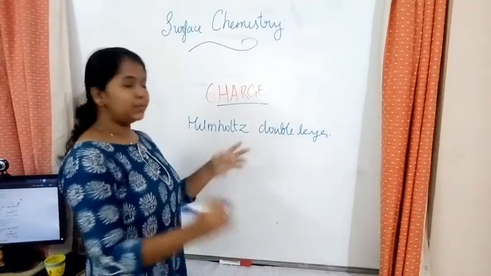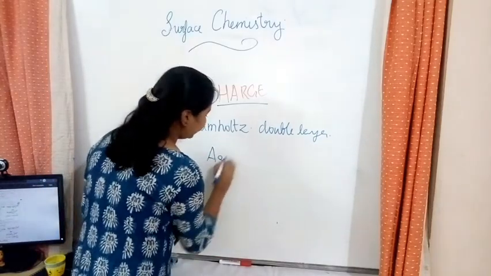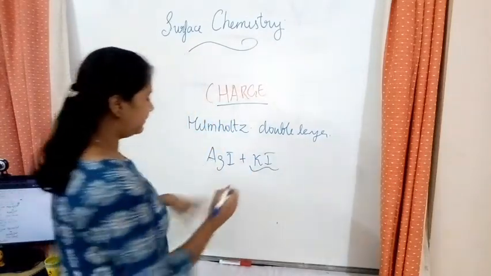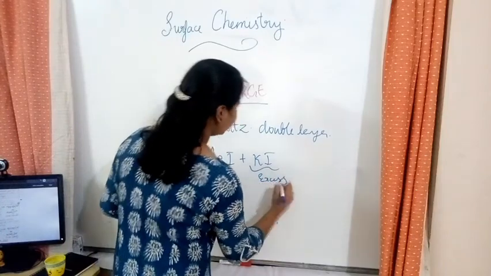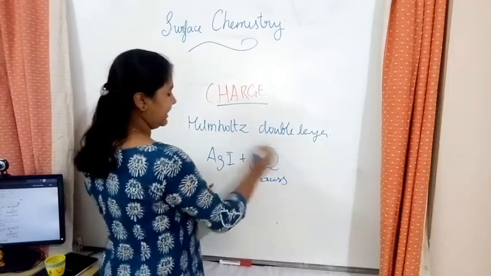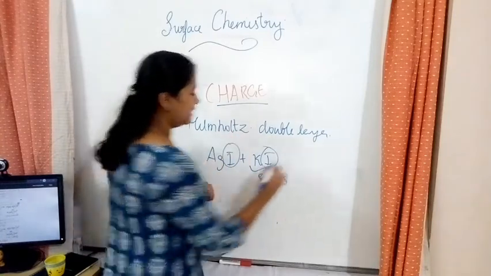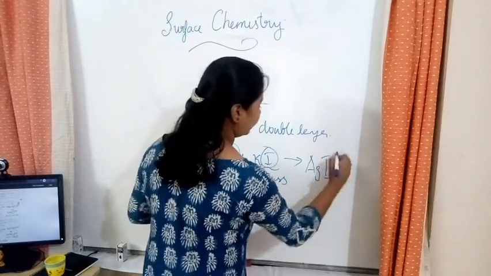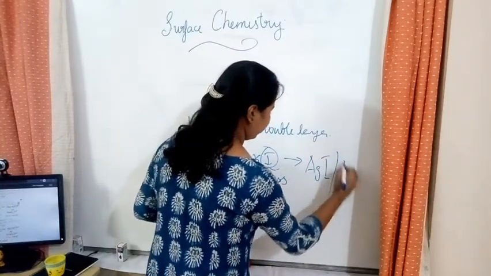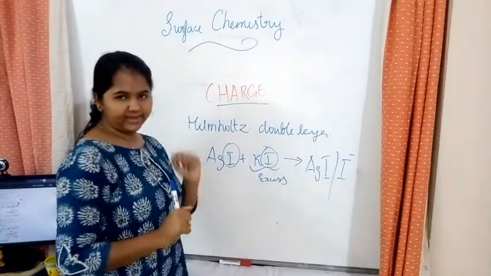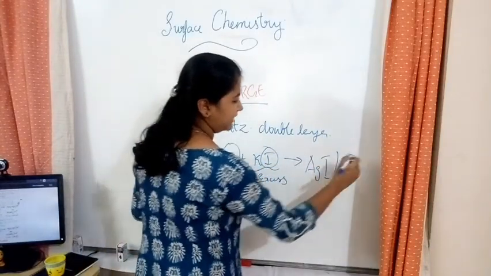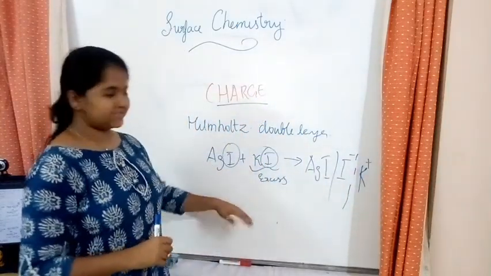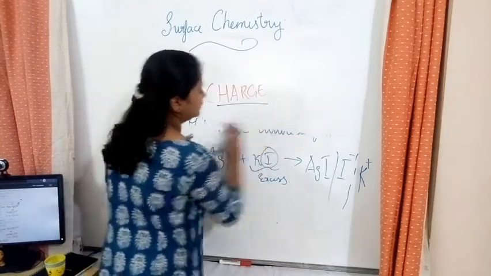So let's see what that is. We take the same example of AgI plus KI, and KI is in excess. What will happen? The I would get adsorbed. So where is the K going? We write it as AgI slash I minus, and in the vicinity there is K plus. We'll draw it; the double layer structure will look like this.